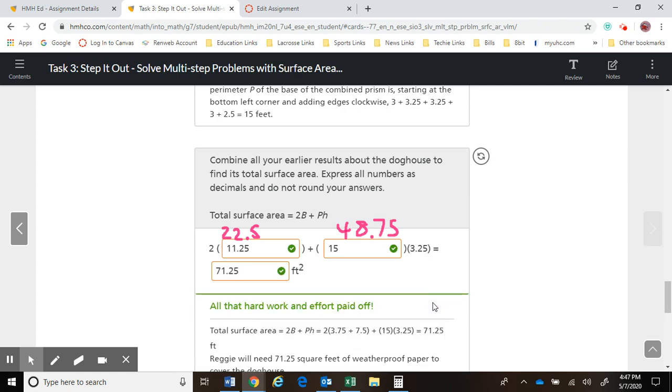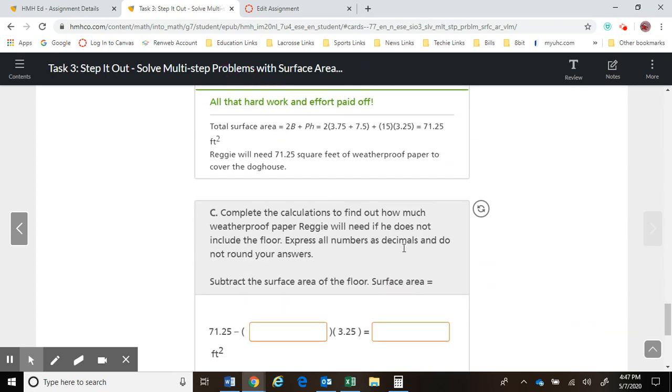Now, we're not done yet, all right? Because obviously you're not going to cover the area where the dog would go in. Complete the calculations to find how much weatherproof paper Reggie will need if he does not include the floor. Okay, maybe it's the floor that we're going to cut out.